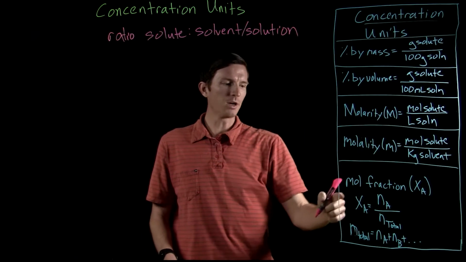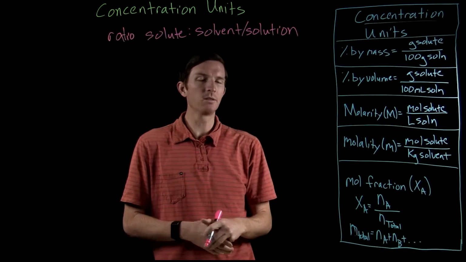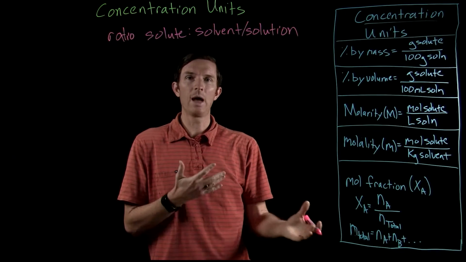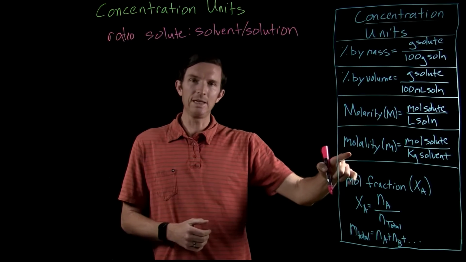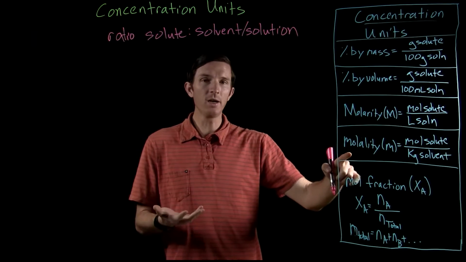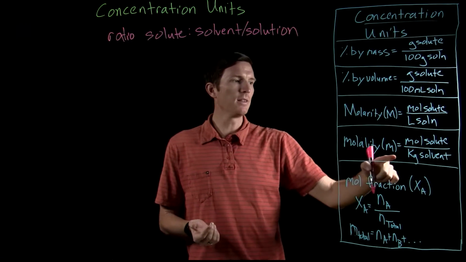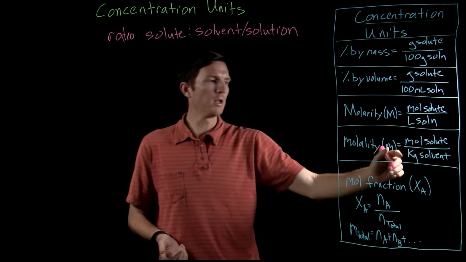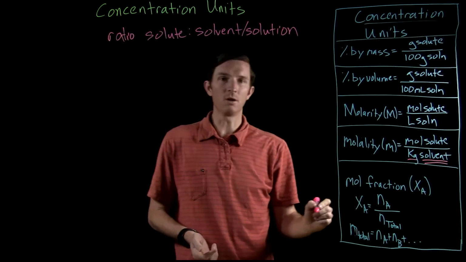And there's two other concentration units that we haven't used that much that we're going to discuss in this video, to see how we relate them to these other variables. Molality is very distinctly different from the rest of these in that it's moles of solute, but now it's per kilograms of, very important, solvent.